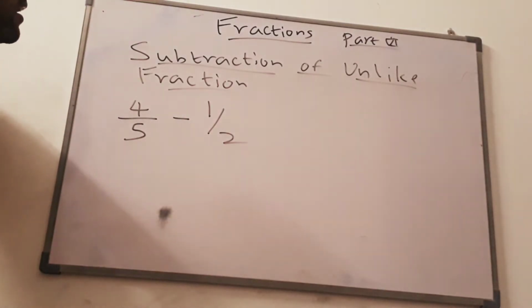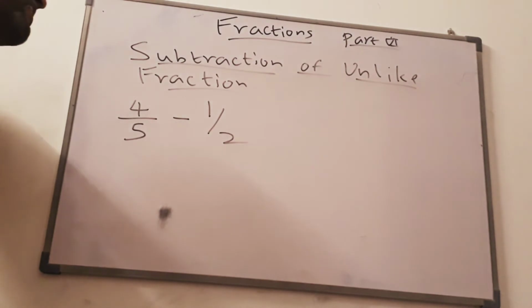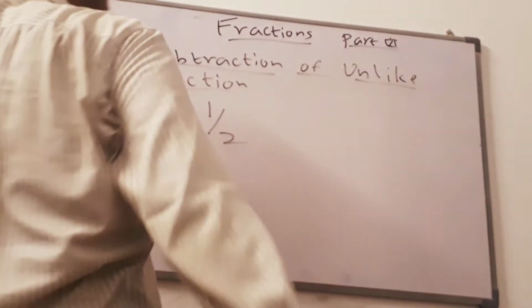So what we have to do is find the least common denominator, because the two denominators are unlike, different, and 5 is not a multiple of 2. So let us take the least common denominator.